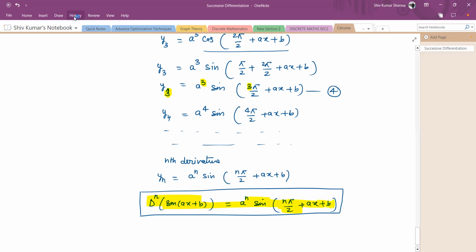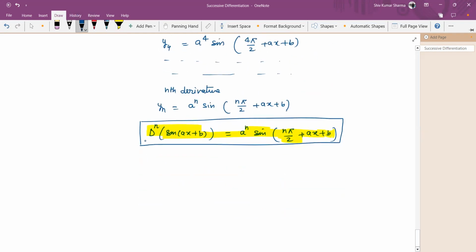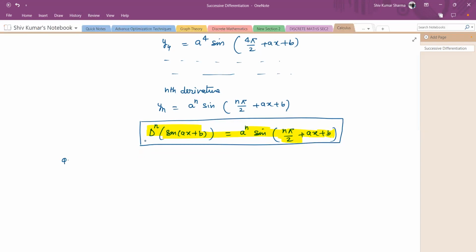That means we have to calculate the nth derivative of sin x. You can solve the questions related to this. Note down: find the nth derivative of sin(4x+5). Here we just compare with the general term.